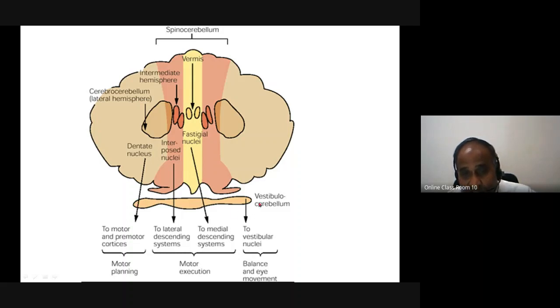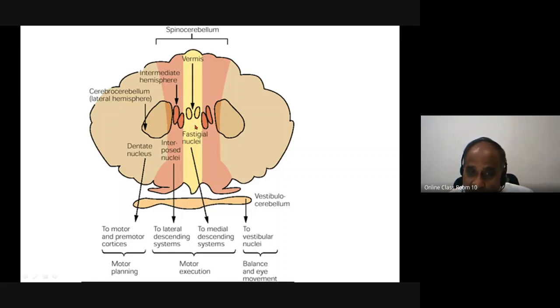However, the flocculonodular lobe uses the vestibular nuclei of the medulla as its nuclei. So they are connected to the vestibular nuclei. That means the vestibular nuclei also become a part of the cerebellar system, because some of the cerebellar output utilizes the vestibular nuclei.